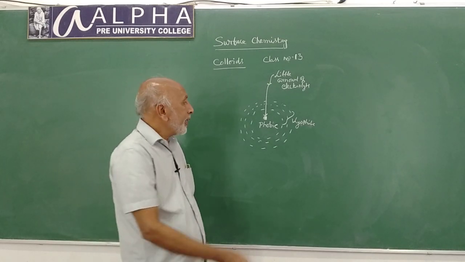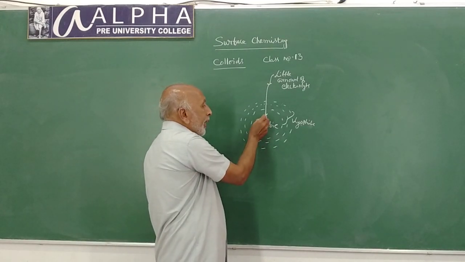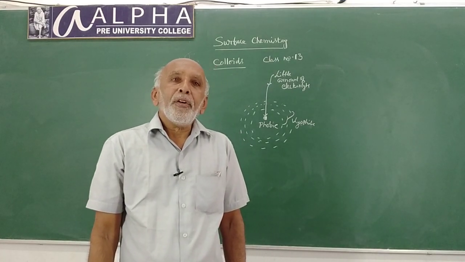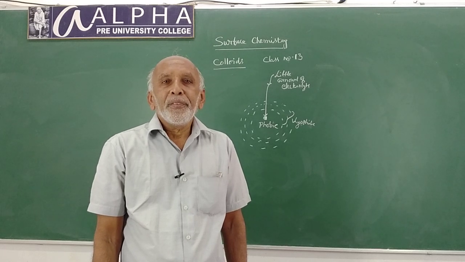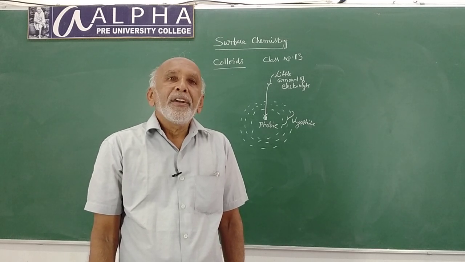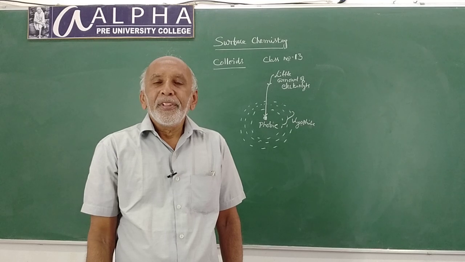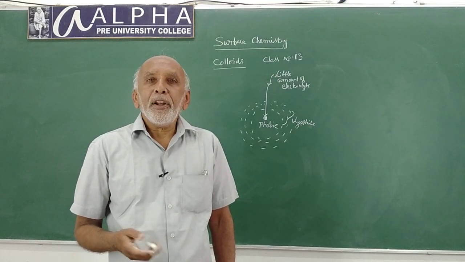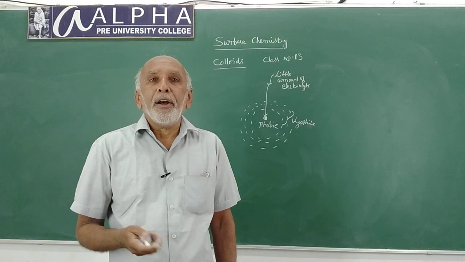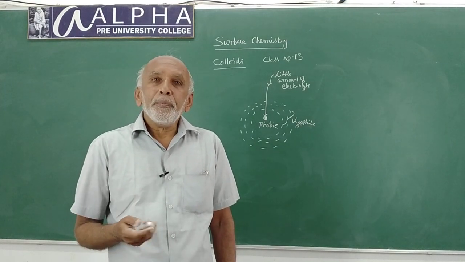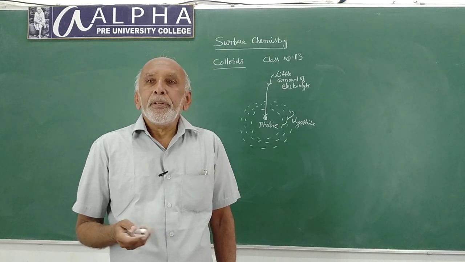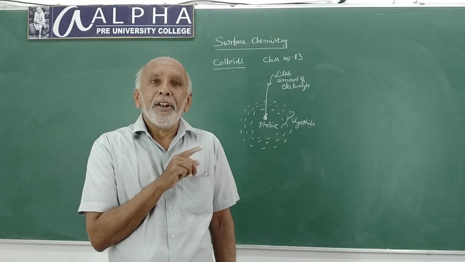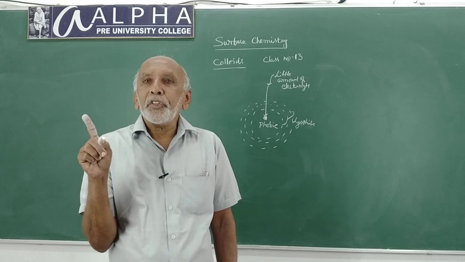Okay. So in this way we can protect the lyophobic salt from coagulation or precipitation due to the addition of electrolyte. This process of protection of lyophobic salt from coagulation by the addition of electrolyte, using a suitable amount of lyophilic salt, is known as protection.